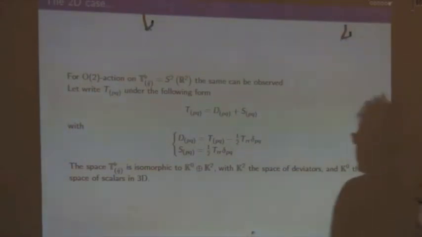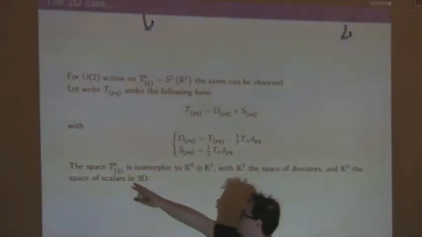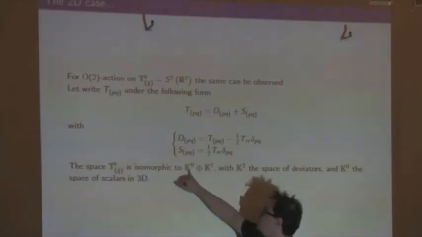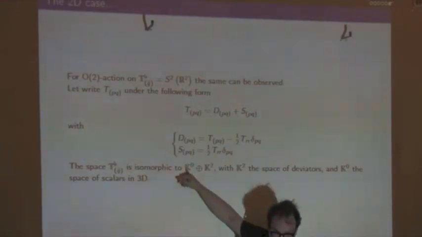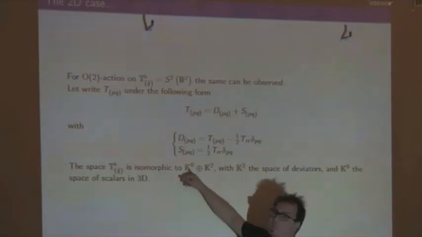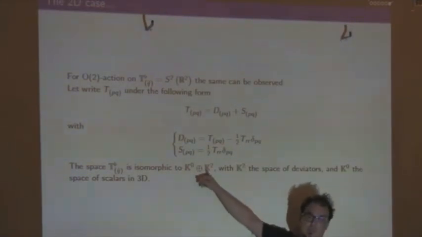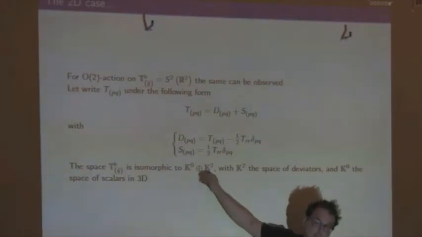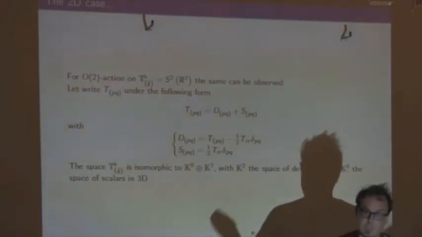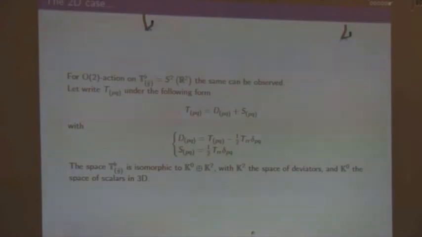So for the 2D situation, my space will decompose into a space of scalars, which will remain one-dimensional, and a space of symmetric second-order tensors. And this time, the dimension of this space is 2. So if you add your components, you will obtain the dimension of 3, which is the dimension of any second-order symmetric tensor in 2 dimensions.